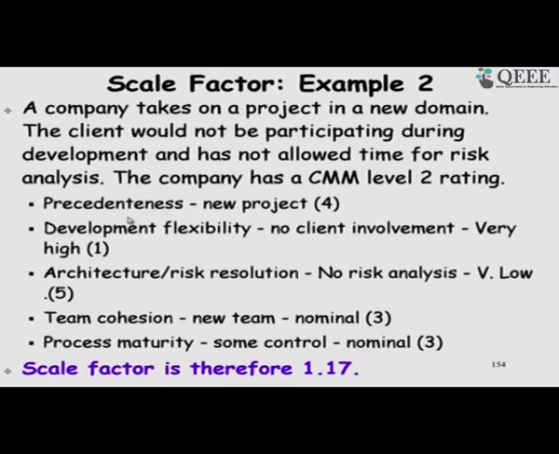So, based on that we can say that risk analysis is very low, development flexibility is high, precedentedness is low, no precedent, it is a new project, and team cohesion we take nominal and process maturity as nominal, because I have not mentioned anything here. So, assume that it is okay, and then the scale factor works out to be 1.17.